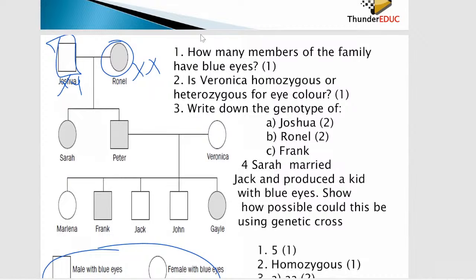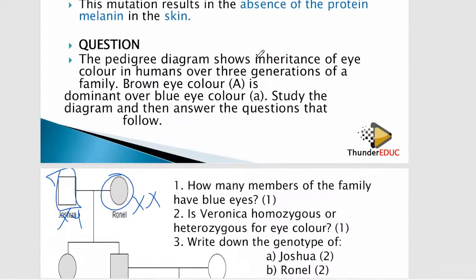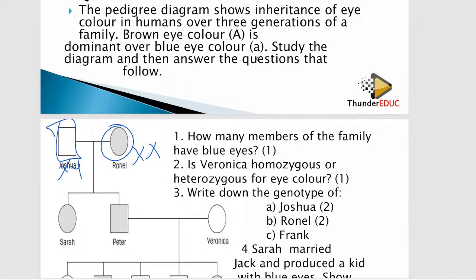When you go back here, what are they saying? The pedigree shows inheritance of eye color in a human over 3 generations. Brown eye A is dominant over blue eye. Study the diagram and answer the question that follows.